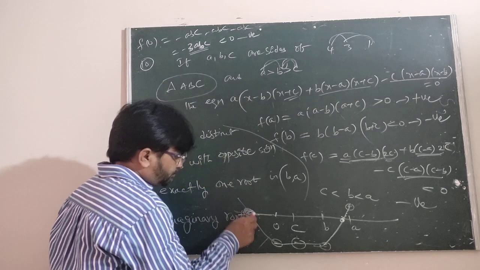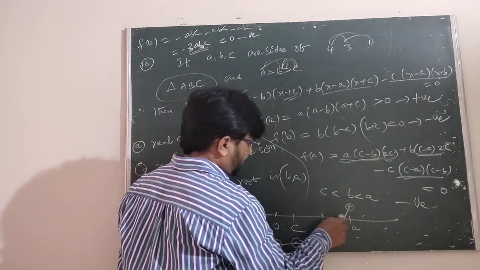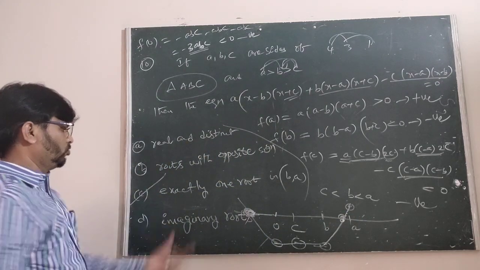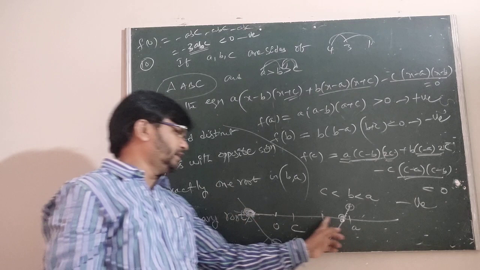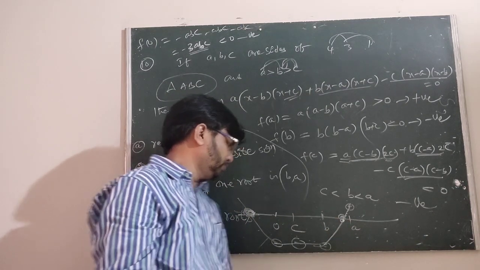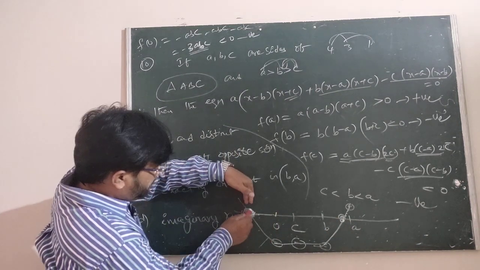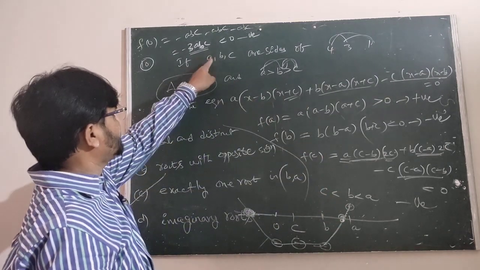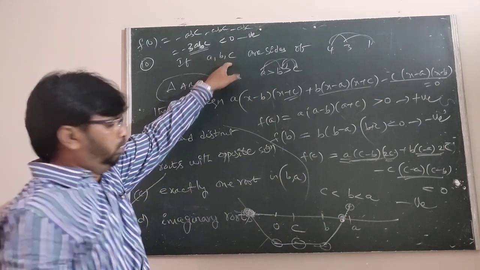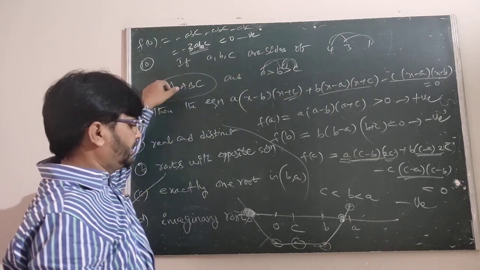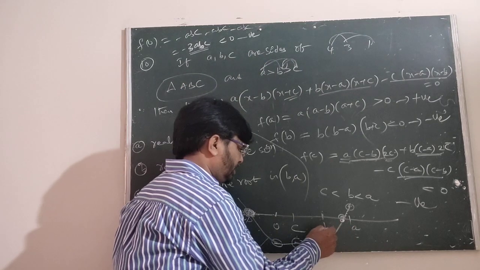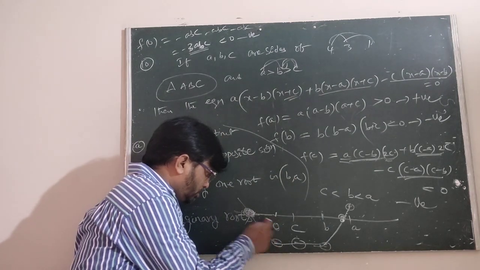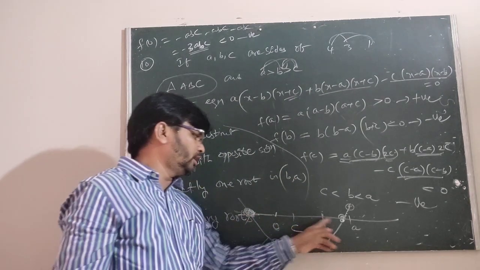Here we observe that one of the roots lies exactly in the interval b to a. Below 0 the values are negative. One root is positive because a, b, c are the sides of the triangle, which means they are positive.